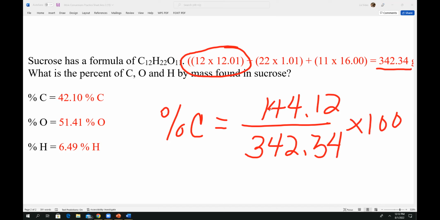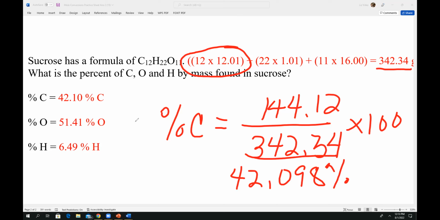Okay, so percent carbon, and remember you have 5 sig figs in this one. So 144.12 divided by 342.34, times 100, gives me 42.098. So actually, we can say 42.098 percent, because we do have 5 sig figs in both.